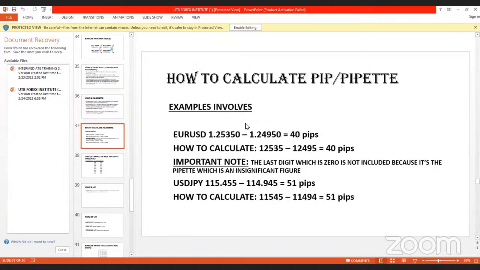Okay, we'll just do a little PIP and pipette calculation. Let's look at how we can calculate PIP for a buying and a selling market.